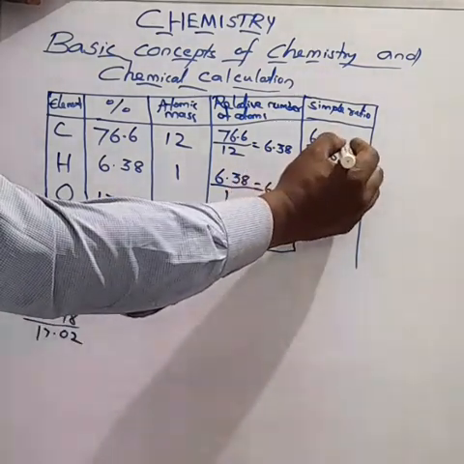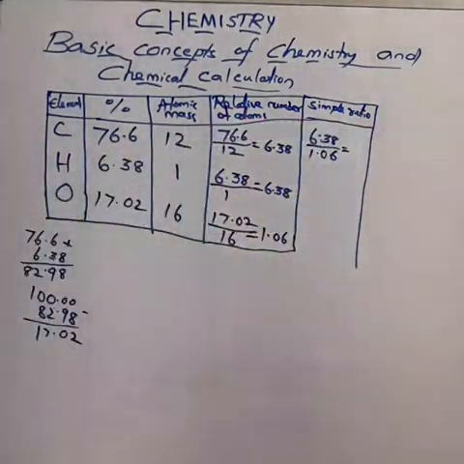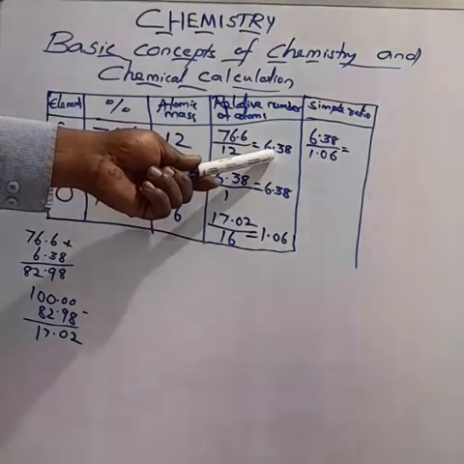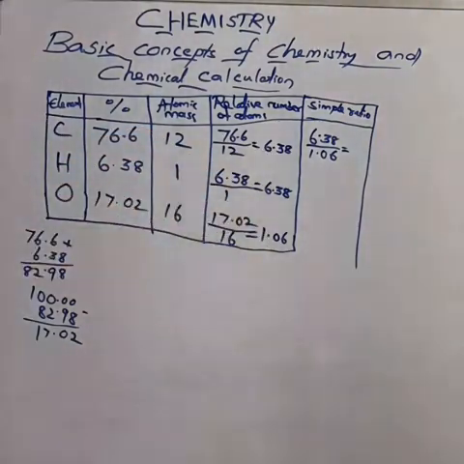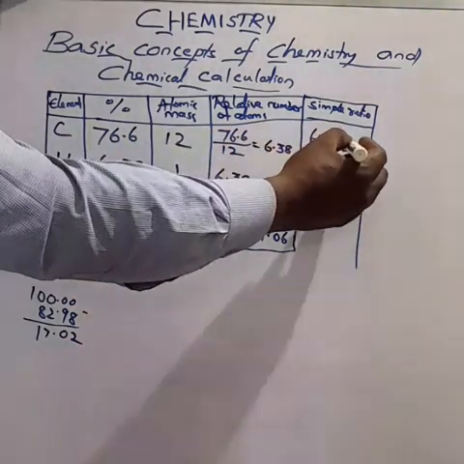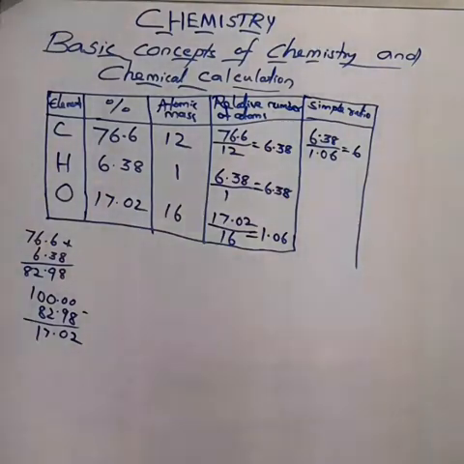Whenever we are writing the simple ratio, you write the first value 6.38 divided by the least value 1.06. Just we are dividing, we get approximately 6. Okay, 6 for carbon.